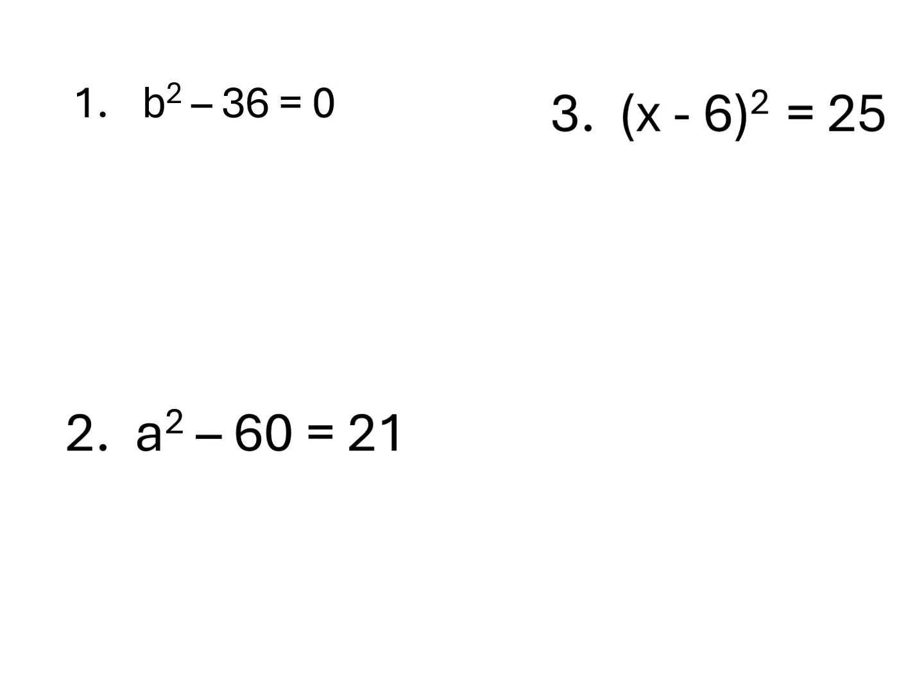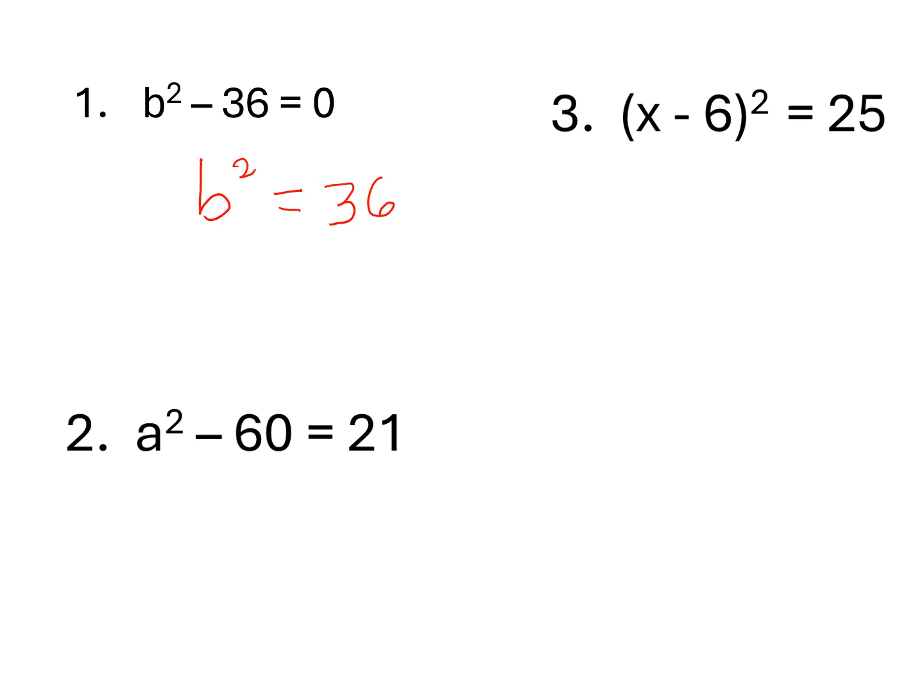The left side becomes b squared equals 36. This becomes positive because we transfer 36 from the left side to the right side.